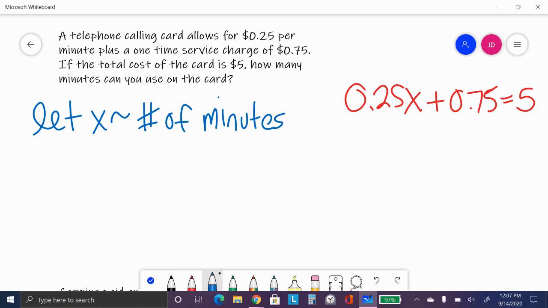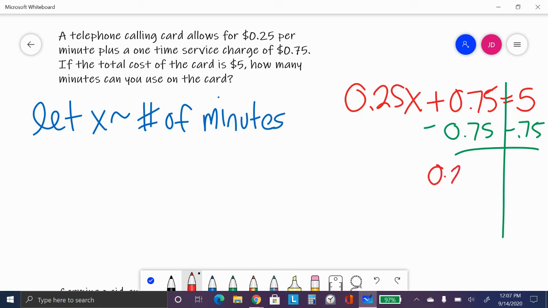Line up the equal sign. Subtract 75 cents from both sides, and you get 0.25x equals 4.25. Oops, no, I want to write it again. There we go, 4.25.